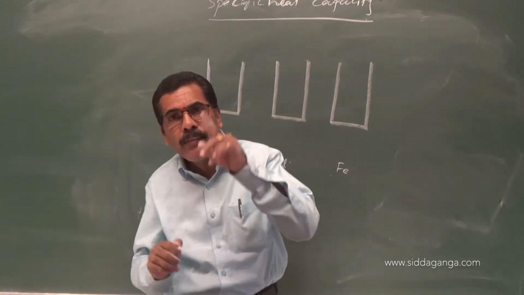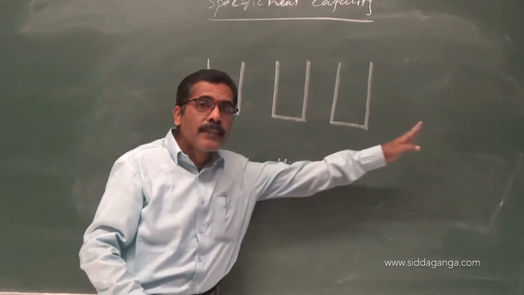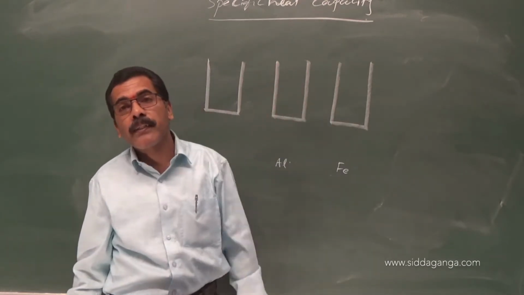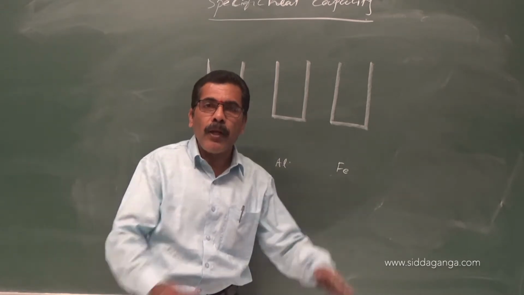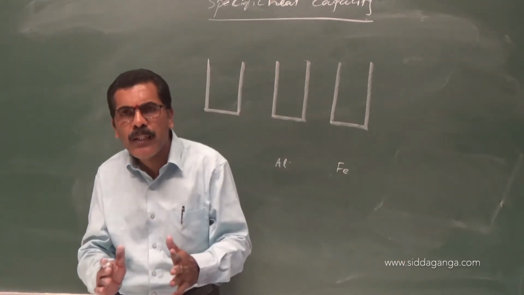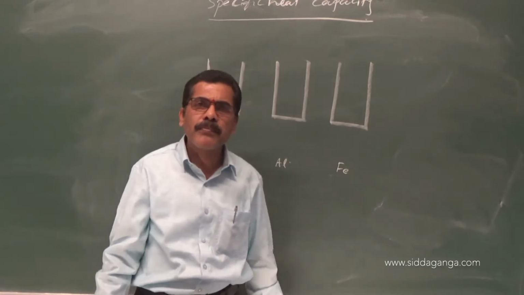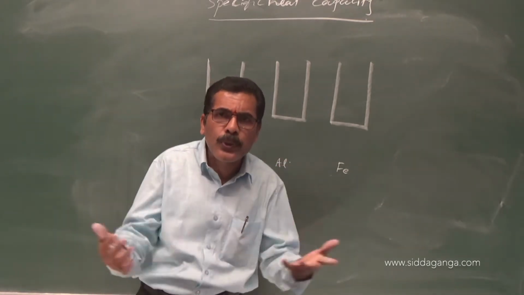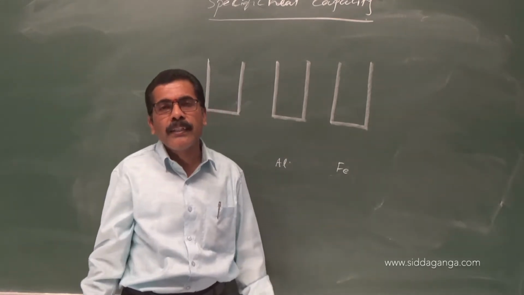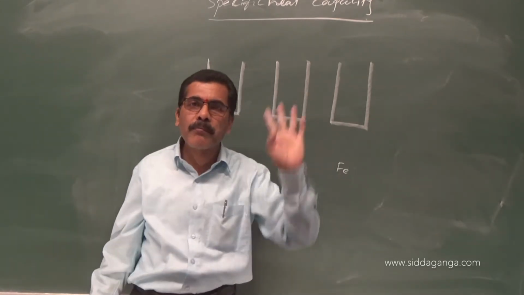It is the nature of the material which decides the rising temperature. Have you got my point? So one is made of copper, another one aluminum, another one iron. Since they differ in their constitution, the rising temperature is not same. So they are different.